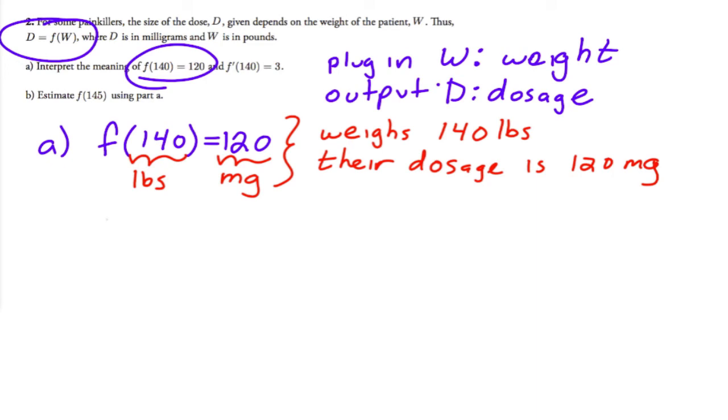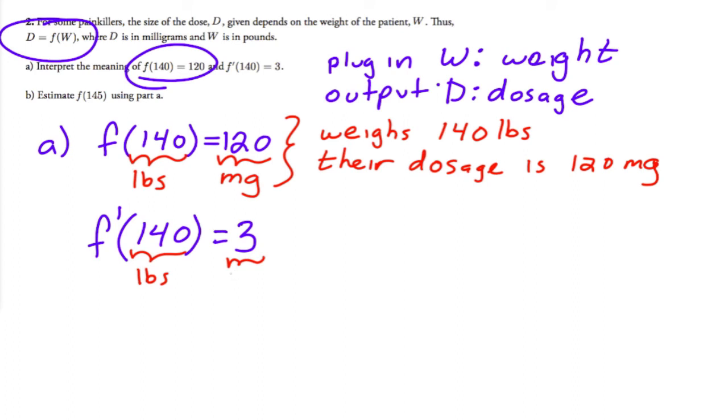Now, the next one is not so clear. What does F prime at 140 equal to 3 mean? What's the interpretation of this? Well, let's see. This is also in pounds, but now this one is not really milligrams technically, because remember, the derivative is a rate.